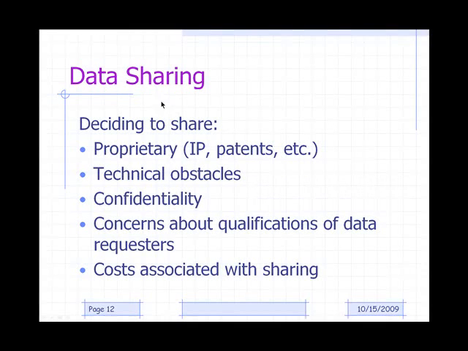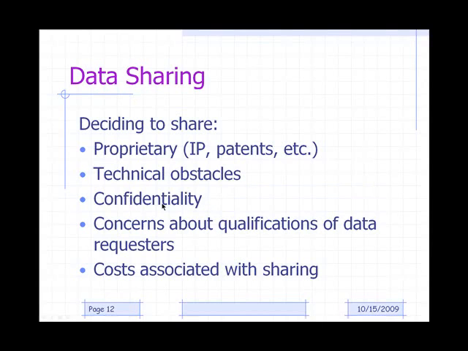So there are limits on data sharing, and it is recognized that for commercial purposes, potential economic benefit to the institution and the community, some information can be withheld, and you may even be asked to sign a non-disclosure agreement. So there are technical obstacles.